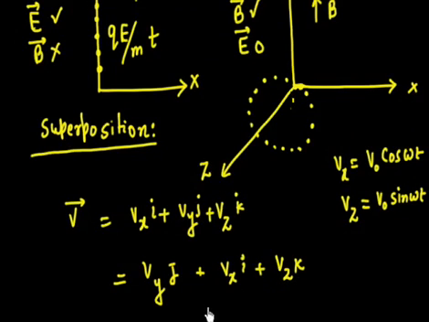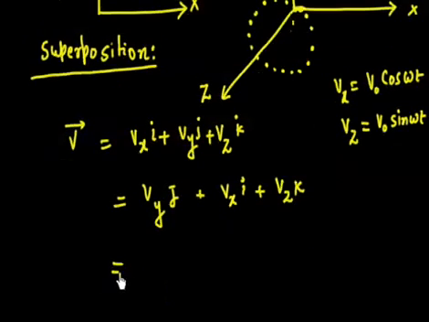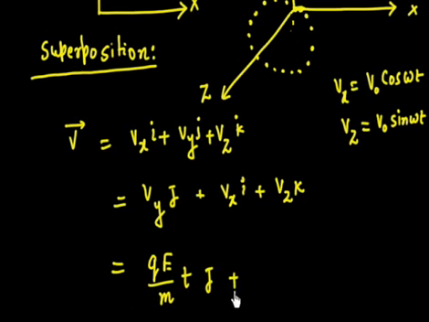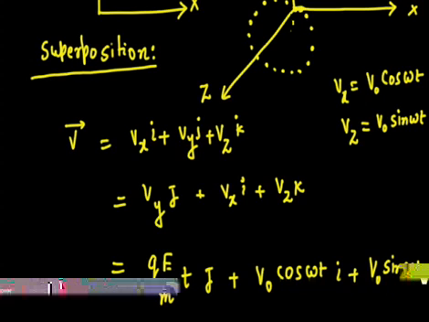Vy is equal to qE by m into t, so this is Vy j vector, plus what is Vx? V naught cos omega t, and this is the i vector. What is Vz? V naught sin omega t, and this is the k vector.